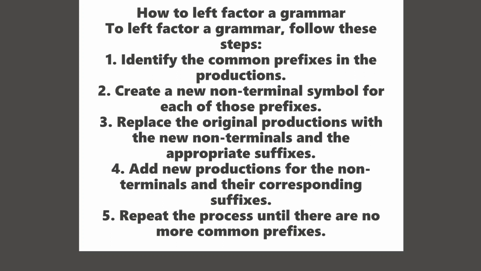Here in this slide, we are going to study how to left factor a grammar. To left factor a grammar, follow these steps. First, identify the common prefixes in the productions. Second, create a new non-terminal symbol for each of those prefixes. Third, replace the original productions with the new non-terminals and the appropriate suffixes.